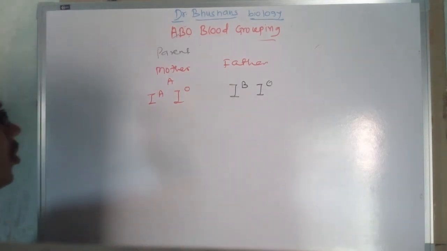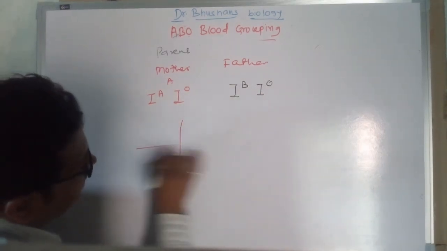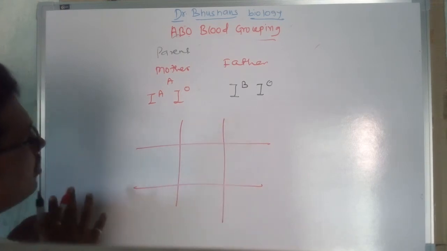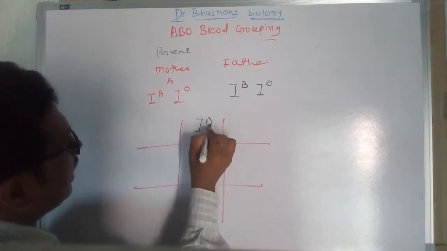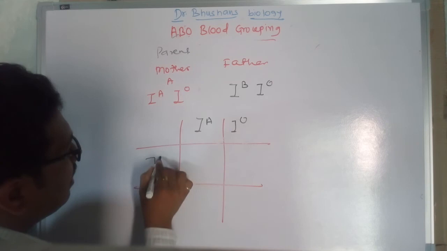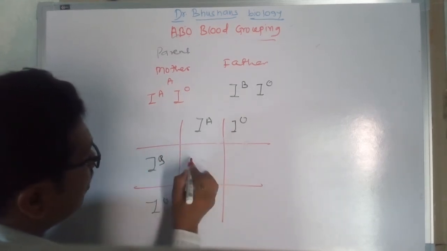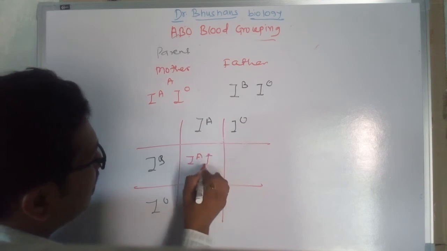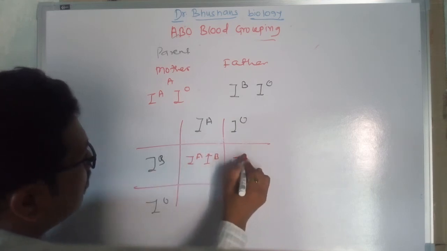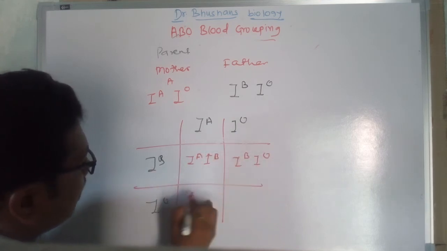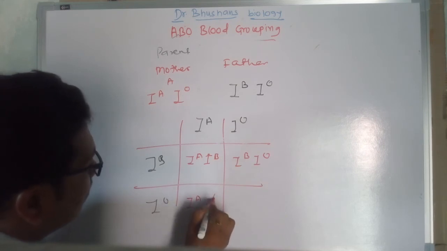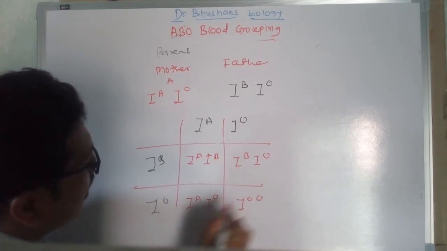So what are the possible phenotypes? You can put a checkerboard here. Here IA, IO, and here IB and IO. So what are the genotypes? IA IB, then IB IO, then IA IO, and finally IO IO.